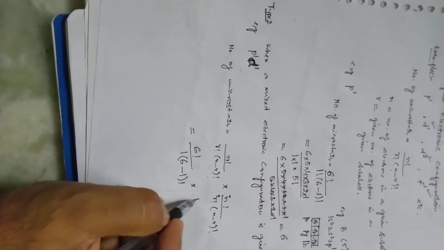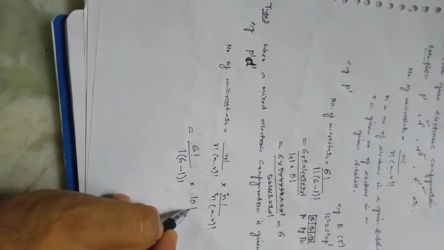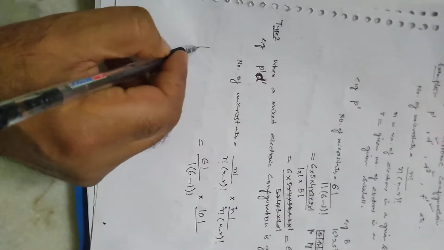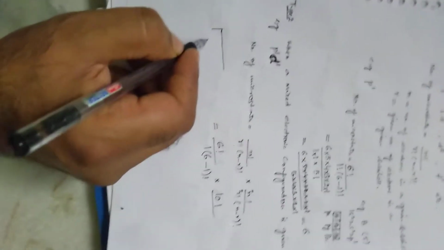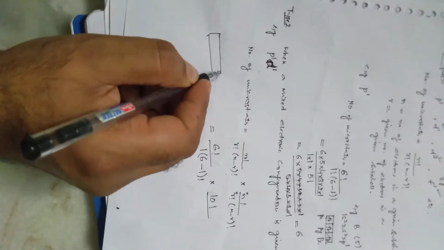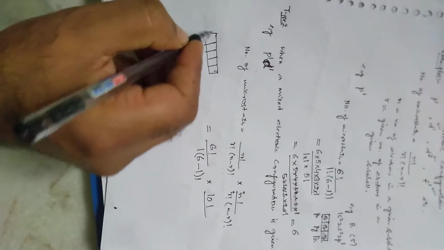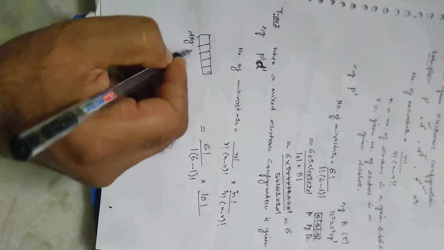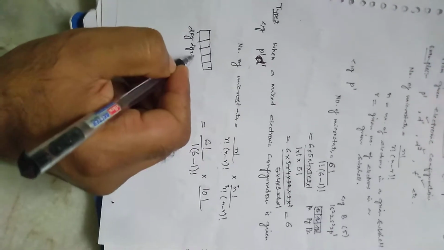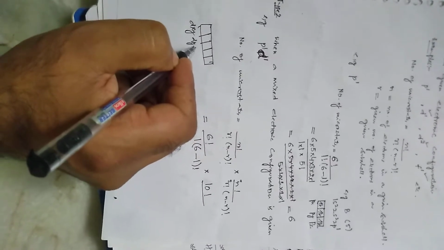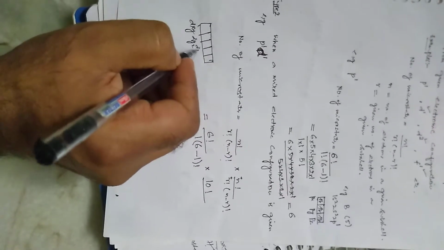In d we have a maximum of 10 electrons, so it is 10 factorial, because you know that for d we have 5 orbitals in the d subshell. One's dxy, dyz, dxz, dx2-y2 and dz2.